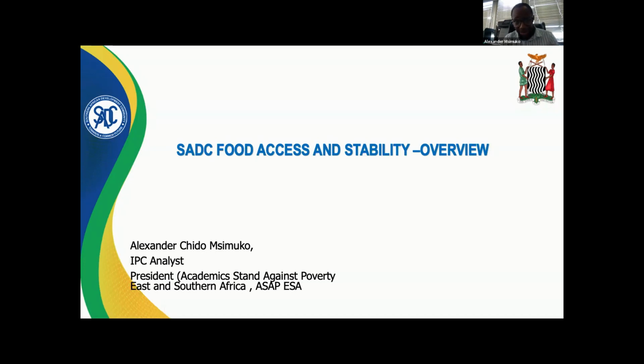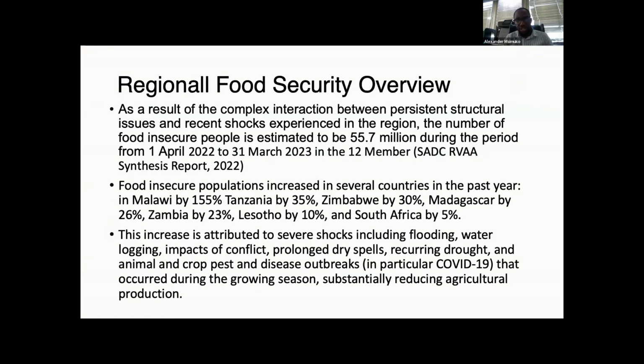So very quickly, I will delve into the regional food security overview, what the food security situation looks like in the continent. Currently, we note that the IPC report for 2022 indicates that about 55.7 million people are estimated to be food insecure in the region from about 1st April to 31st March next year.